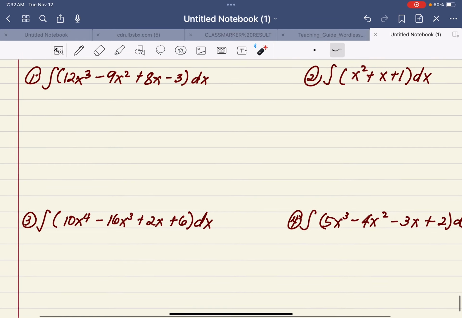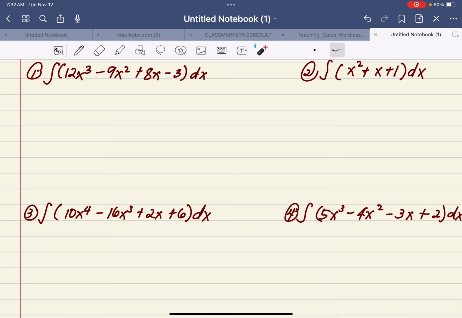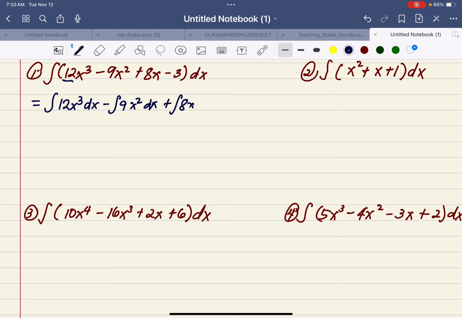Okay, number 1. What is the antiderivative of 12x cubed minus 9x squared plus 8x minus 3? If we have coefficients, we can distribute the antiderivative symbol in each term. So this will become the antiderivative of 12x cubed with respect to x minus the antiderivative of 9x squared with respect to x plus the antiderivative of 8x with respect to x minus the antiderivative of 3 with respect to x.